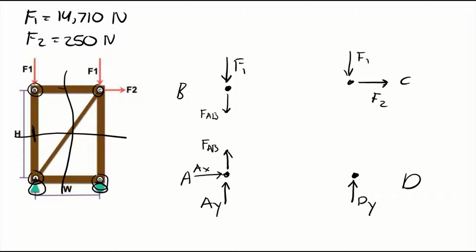I'll move to member BC. At joint B, there's a force F sub BC. And since they're equal and opposite, it needs to be an F sub BC at joint C. And actually, I know that's going to be in the way of one of my other forces. So let me move that right to there.